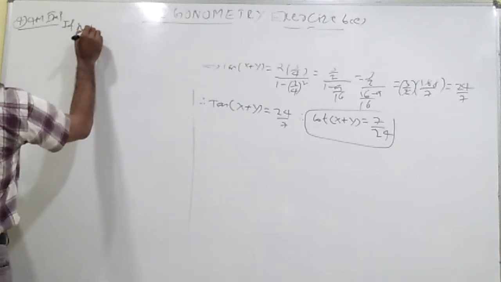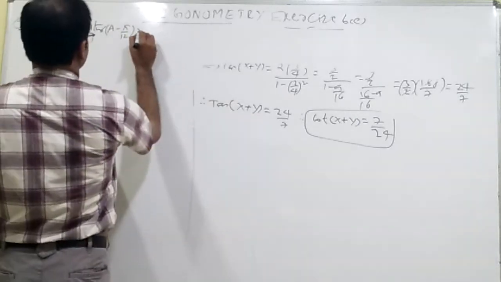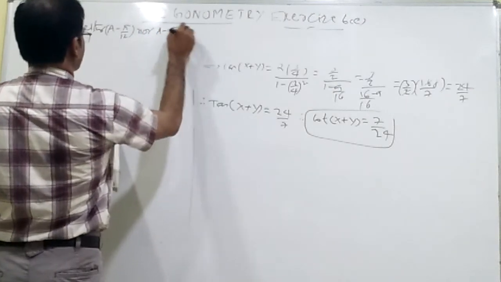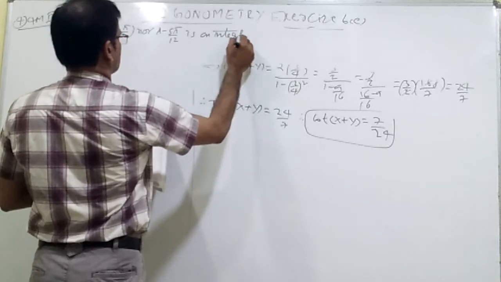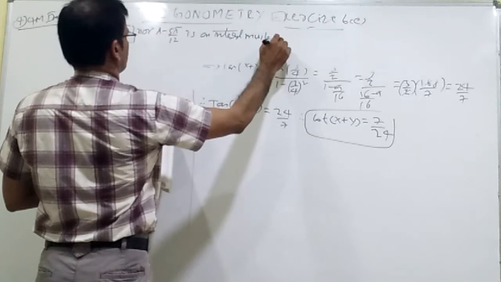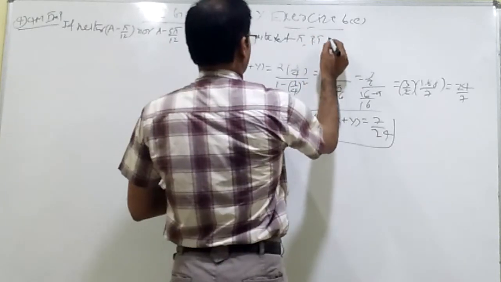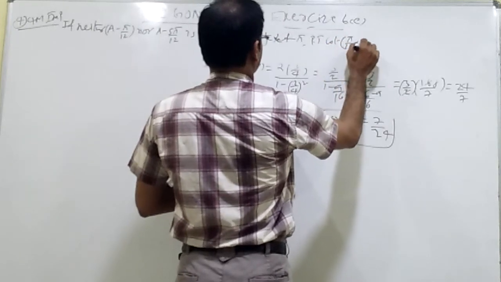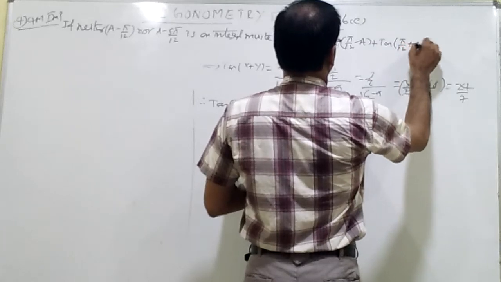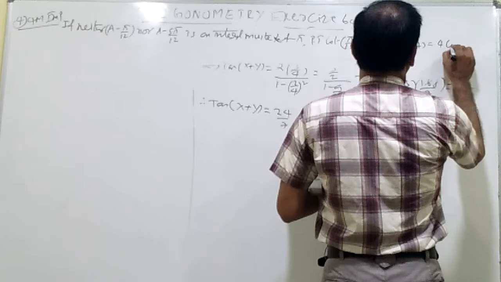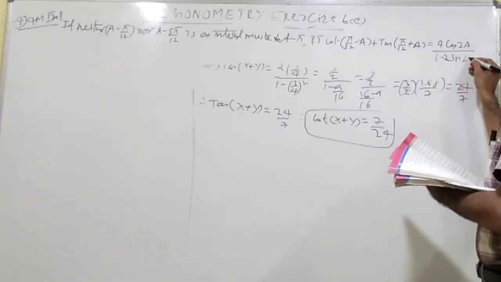If neither a minus pi by 12, nor a minus 5 pi by 12 is an integral multiple of pi, then prove that cot of (pi by 12 minus a) plus tan of (pi by 12 plus a) is equal to 4 cos 2a by 1 minus 2 sin 2a.